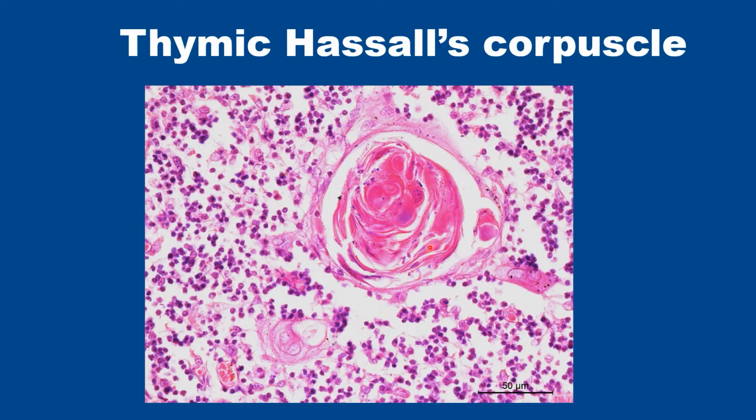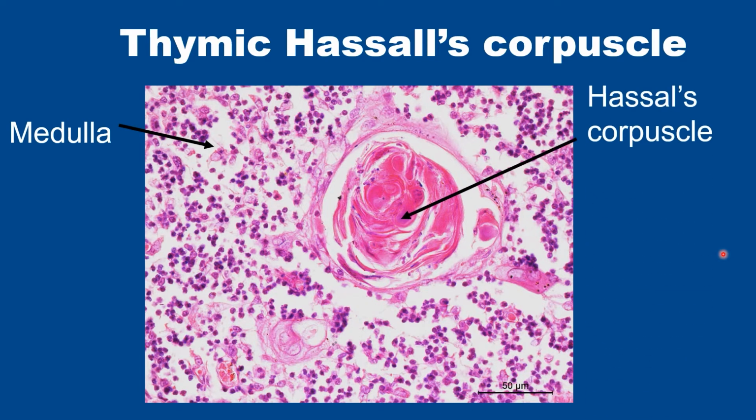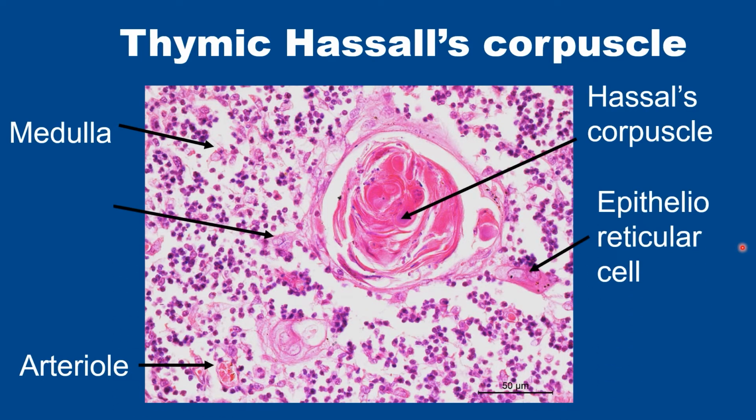You can see the elongated epithelial cells and the central degenerated part. There are other cells also in the medulla, and there are arterioles also, and the epithelioreticular cells which are scattered inside the medulla.